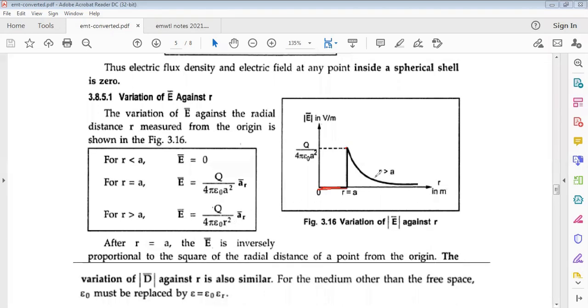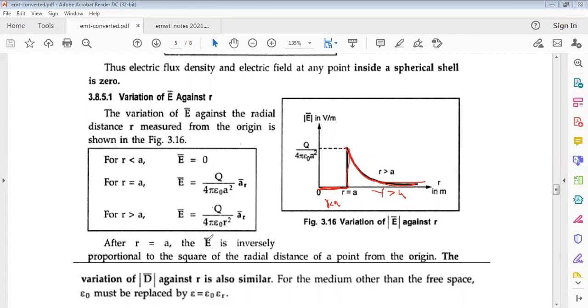As R increases, definitely the curve decreases like this. The denominator increases, so definitely E bar, with the numerator fixed, decreases slowly. So you get the characteristics like this. When R is less than a, the value is 0, and R equal to a gives Q by 4 pi epsilon naught R square, and for R greater than a it goes on decreasing.